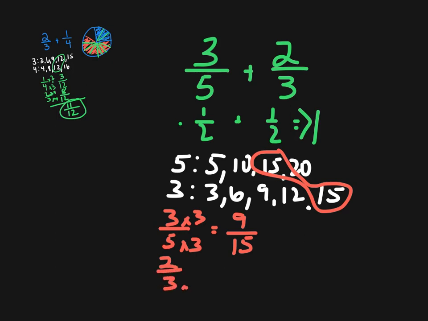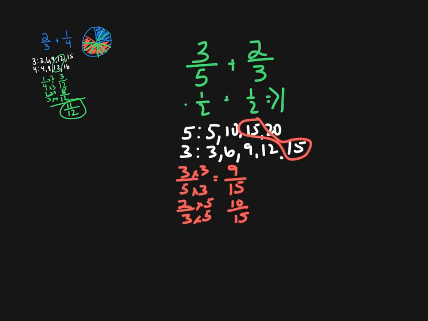2/3 I'm going to multiply by 5, which gives me 10/15. And now when I add those two, I have 19/15. And now it comes to that idea of how do we change this?